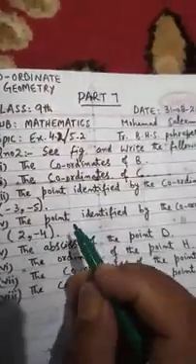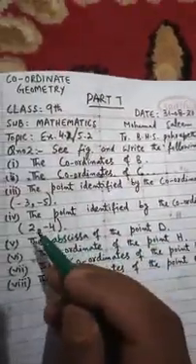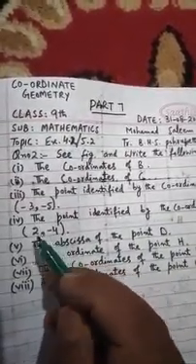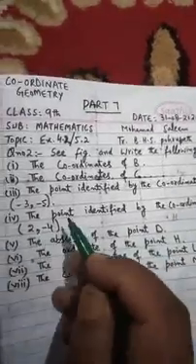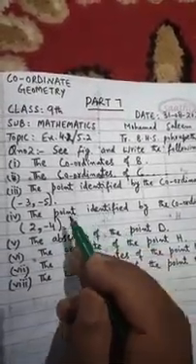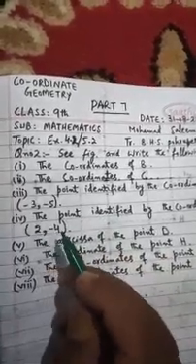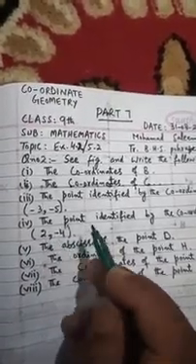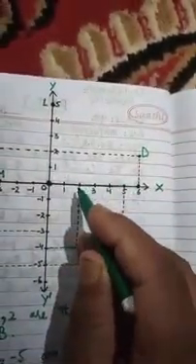The fourth part is the point identified by the coordinates 2, -4. We have abscissa and we have ordinate. That means we have coordinates and we have to identify the point which is representing 2, -4. So we will try to find out 2, -4, then we will easily get the point. 2 is here on x-axis, and moving downwards because the first value is +2 and the second value is -4.